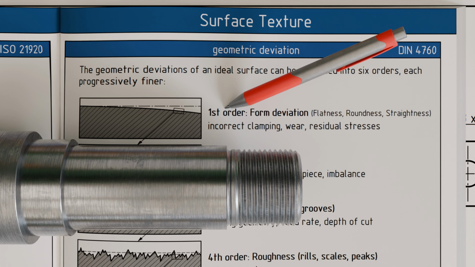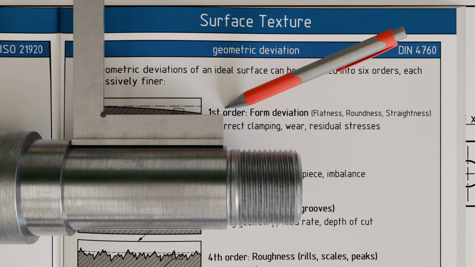Surface roughness ultimately represents deviations from the ideal geometry of a component. The ideal geometry is specified by the technical drawing but cannot be realized exactly in practice. Geometric deviations of a surface can be classified into 6 orders, each representing progressively finer deviations. First-order geometric deviations are deviations from the ideal form, such as flatness, roundness, or straightness deviations.